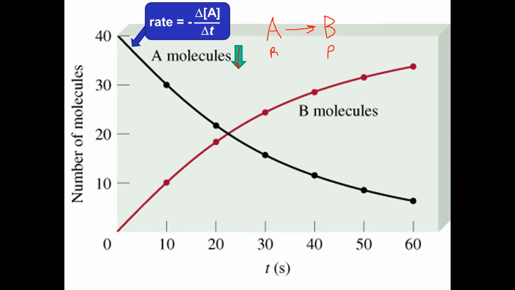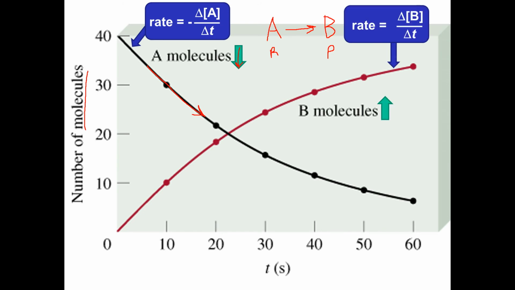So the amount of A that we've got, because of the direction of the curve is headed downwards, the number of molecules that we've got of A are going to be decreasing over time. If we look at B, it is increasing over time. If you look at the amount of B on the plot, the number of molecules is increasing. That's because we're producing B.